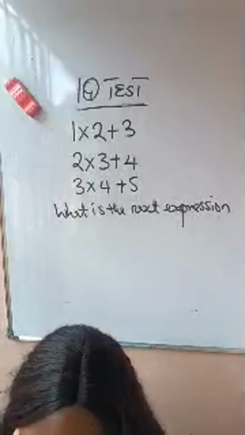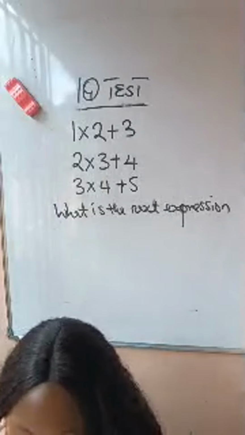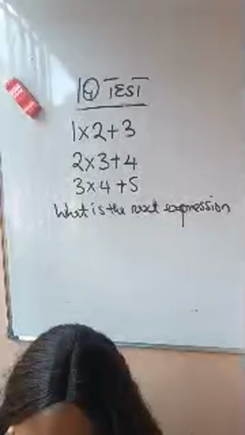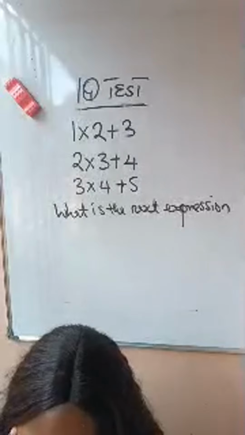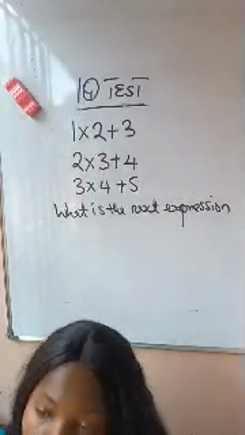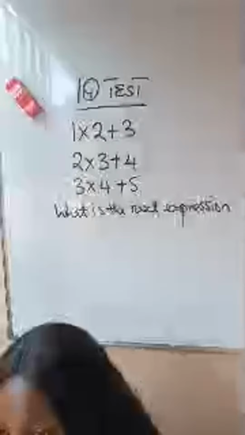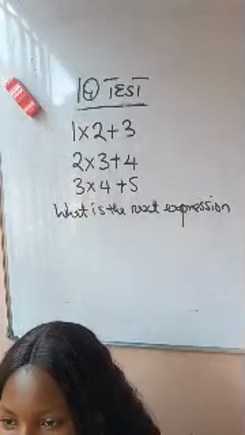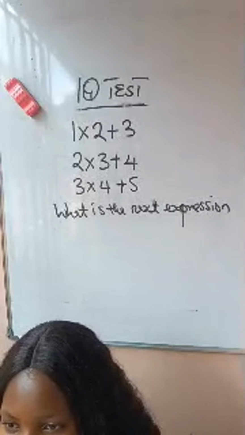Okay, let's see. Muzak says 4 times 5 plus 6, 46 really. Riley says 3 times 4 plus 5. 3 times 4 plus 5 equals 21. Okay. They're now saying 3 times 4 plus 6.